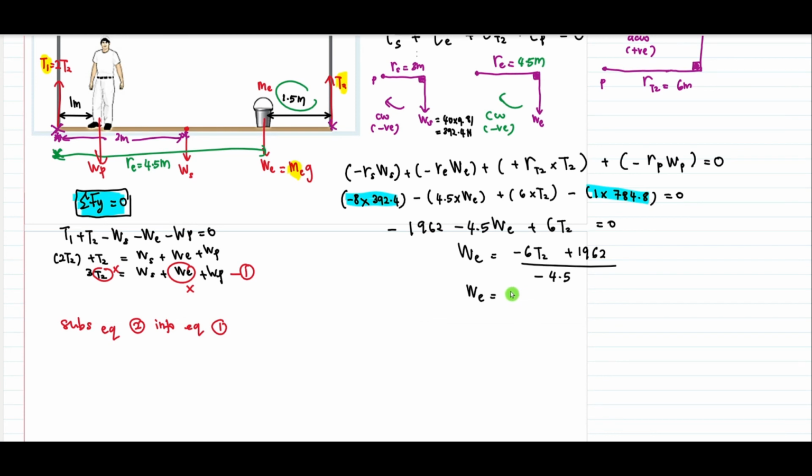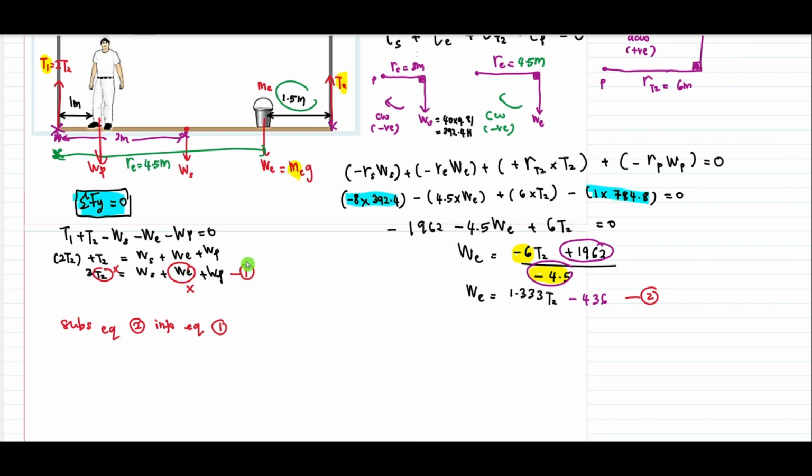So I will write WE in the form of 1.333T2. You divide negative 6 by negative 4.5. Likewise 1962 is also divided by negative 4.5, and you will get negative 436. Okay, this is my equation number 2. I have WE in terms of T2.